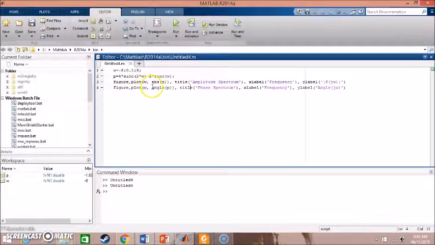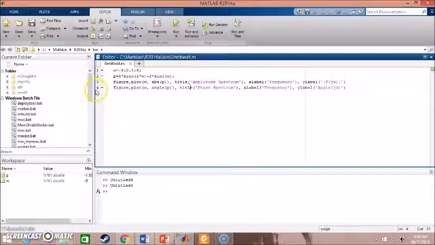Plot w, abs p plots the function, title displays the title, xlabel displays the label at the x-axis, and ylabel displays the label at the y-axis. To form the amplitude spectrum, we have to use abs p. It is the MATLAB function for defining the amplitude of the given function.